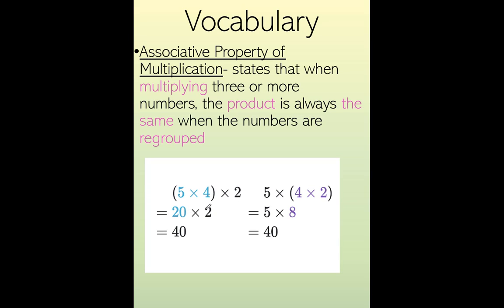Then I take that 20 and I multiply it by 2, and 20 times 2 gives me my product of 40. Then I have 5 times 4 times 2 again, but first I did 4 times 2, and 4 times 2 gives me 8, and I take that 8 and I multiply it by my 5, and you can see again it comes out to 40.